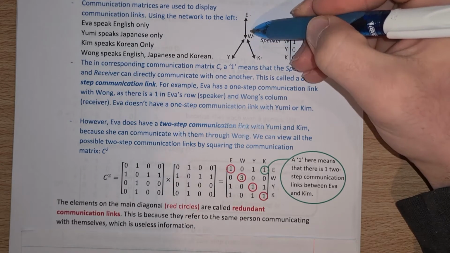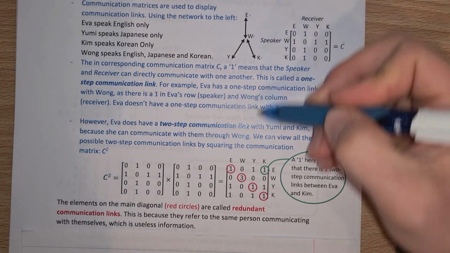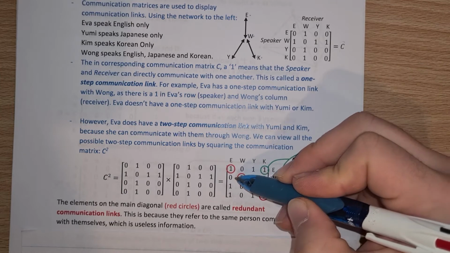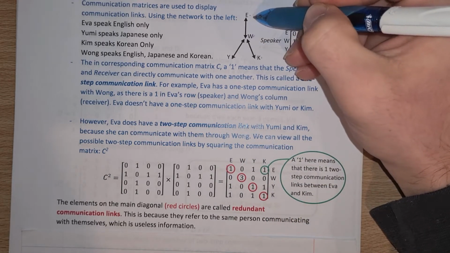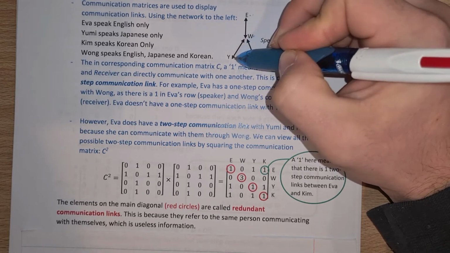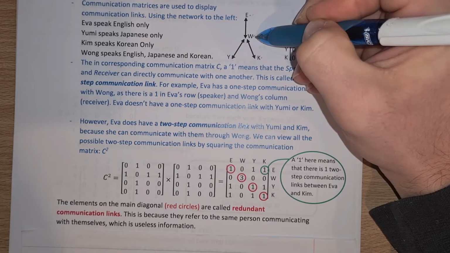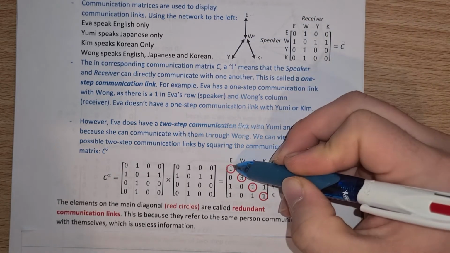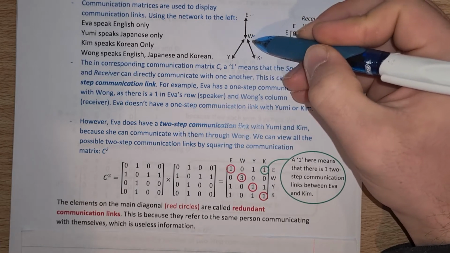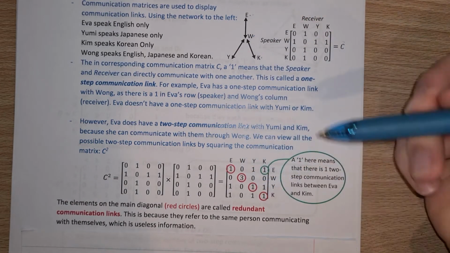So there's 1 2-step link with Eva back to Eva. Wong, however, has 3 2-step communication links with himself, because he could speak to Eva and she could speak back to him. He could speak to Yumi and they could speak back to him. He could speak to Kim and they could speak back to him. But obviously, because we're not really interested in how people can communicate with themselves, the diagonals are not important.